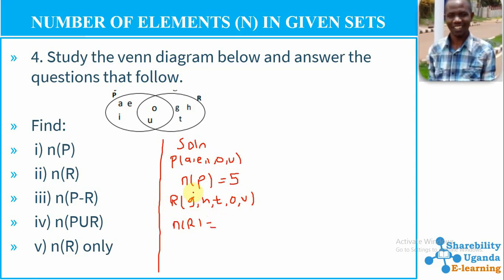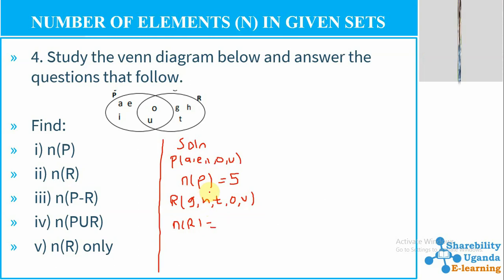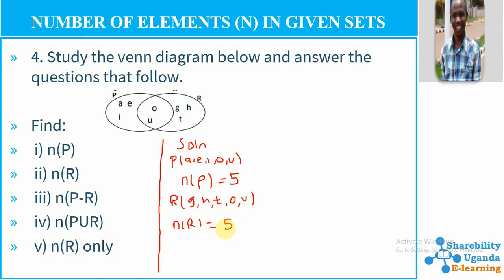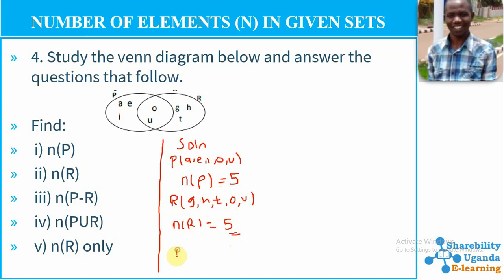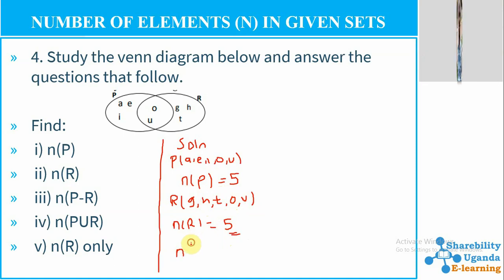This is the first element, the second element, the third element, the fourth element, and the fifth element. That means the number of elements in our set R is also equal to 5. Let's also look at the number of elements of set P minus set R.